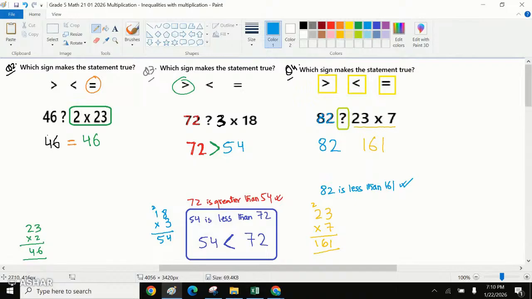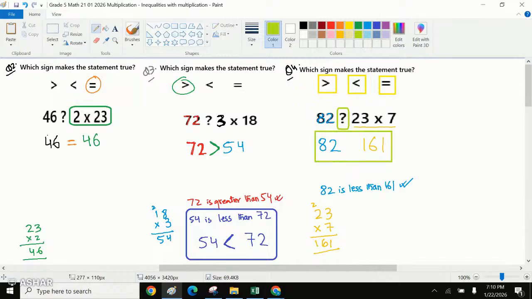Valerie, I'm doing question number 4, right? Yes, 72 was greater than 54, but in question number 4, the two numbers that we have are 82 and 161. These are the two numbers we have.